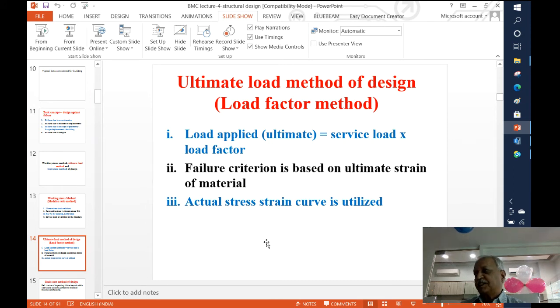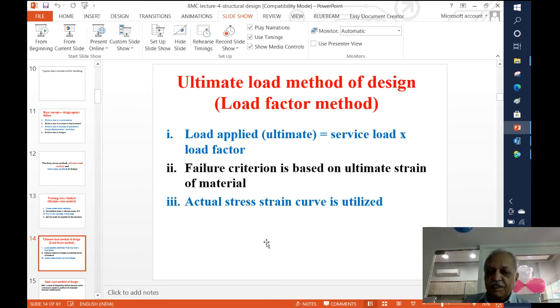So firstly, if this is my service load, I presume, by using the codes of practice, that the failure load I am expecting is the load factor times the service load. For example, I am considering a service load of 4 kilonewton per square meter, and if my load factor is 1.6, then I will presume that the structure has an ultimate capacity of 1.6 times this load.